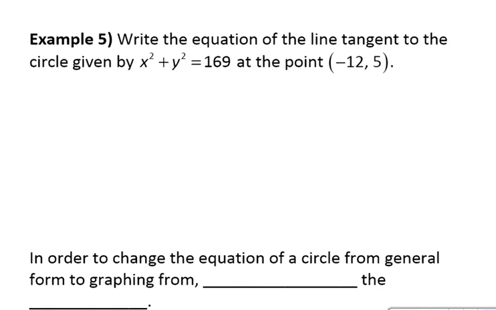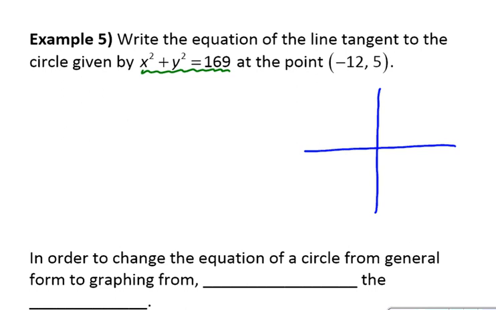Example 5, write the equation of a line tangent to the circle given by x² + y² = 169 at the point negative 12, 5. All right, so we're going to draw this. I have x squared plus y squared is 169 as my circle.